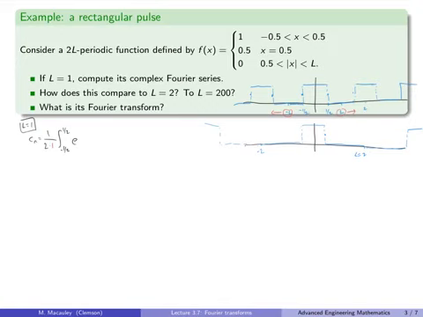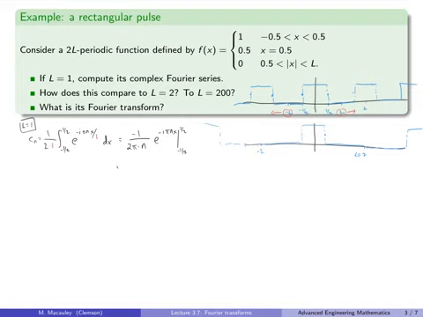So times e to the negative i pi n x over L, and L here again is 1 dx. So this is 1 over 2 pi i n, the negative sign here, e to the negative i pi n x from negative 1/2 to positive 1/2.